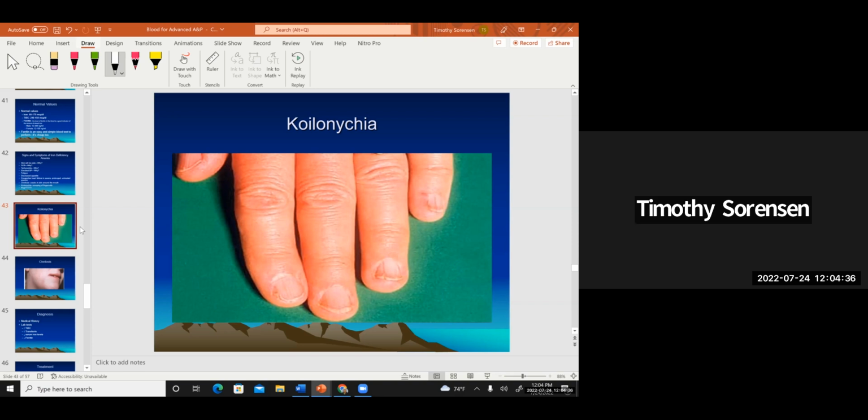And that is basically where the nails become like, you can see the ridges in them. And the base of the finger, this area right here, becomes like depressed. And that's a classic sign of severe iron deficiency anemia.